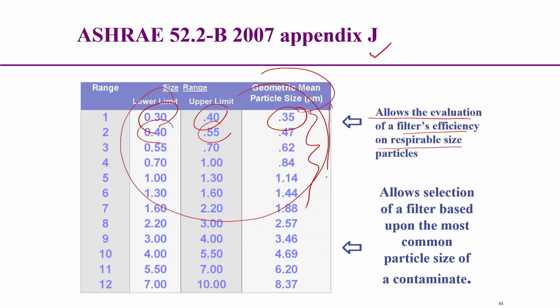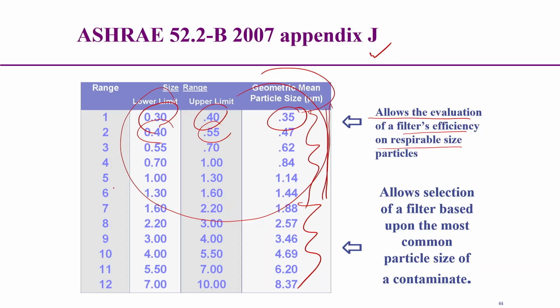So, these are the particles which we inhale, respirable particles. In this zone these particles are there, and for that we need different types of rating, and as per the standard these are given.